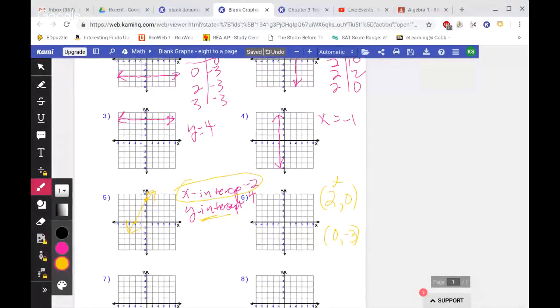So this is the x-intercept, and this is the y. So 2 and -3. And if I said to graph that line, you just connect the 2 points, and there's your line.